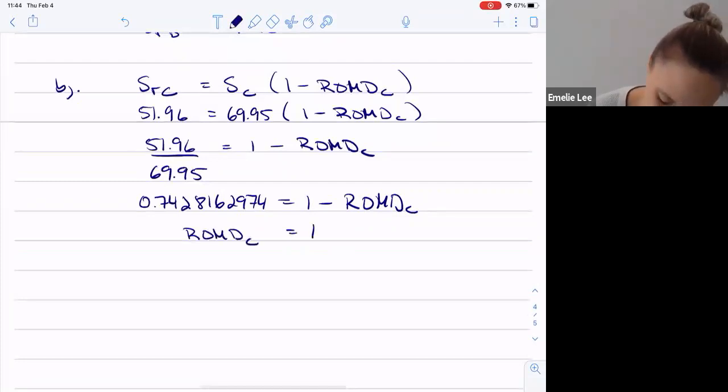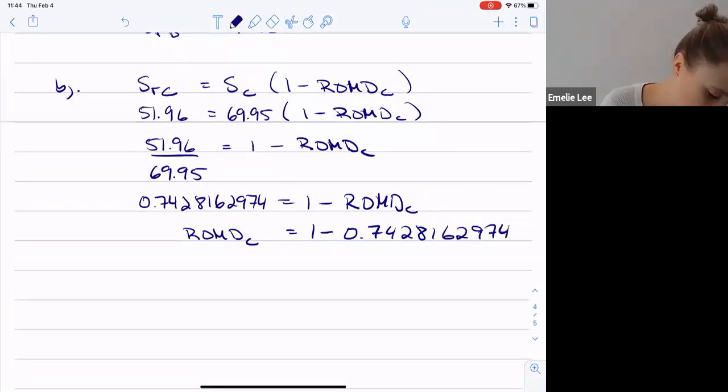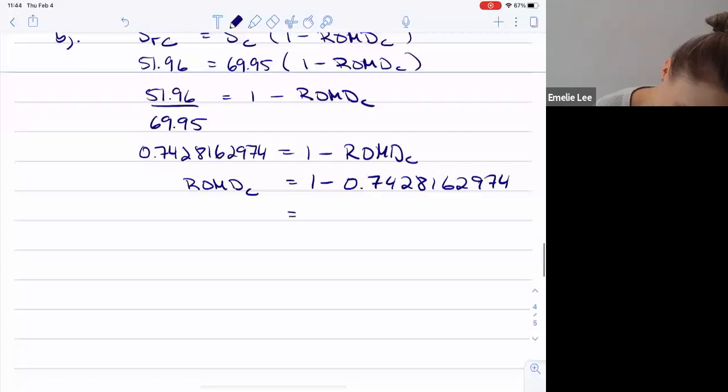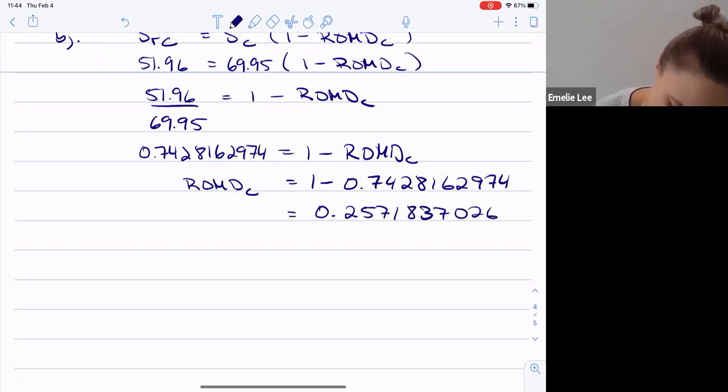So the lambda for merchant C must be 1 minus 0.7428162974. So 1 minus that, make sure you keep all your decimal places. Puts me at 0.257183726.